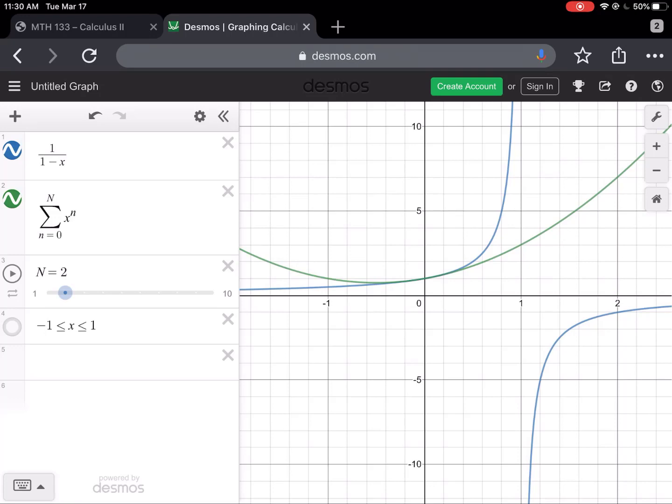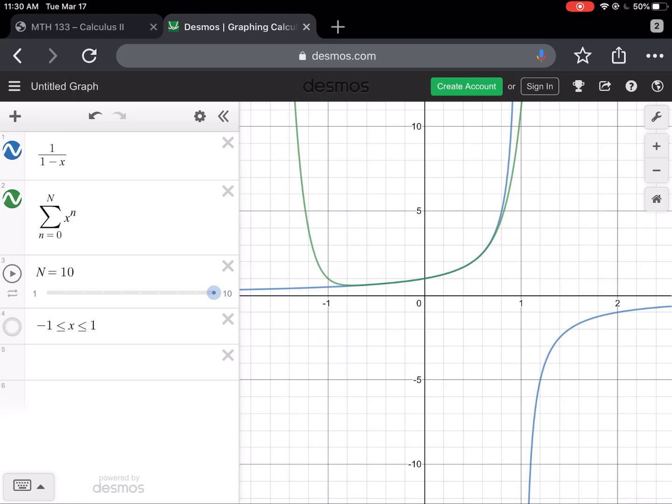Let's add on the x cubed term. There we go. And when I add on the x to the 4th, x to the 5th, and x to the 6th, we can see that it's getting better and better as an approximation to 1 over 1 minus x. So I have the first 10 loaded right here.